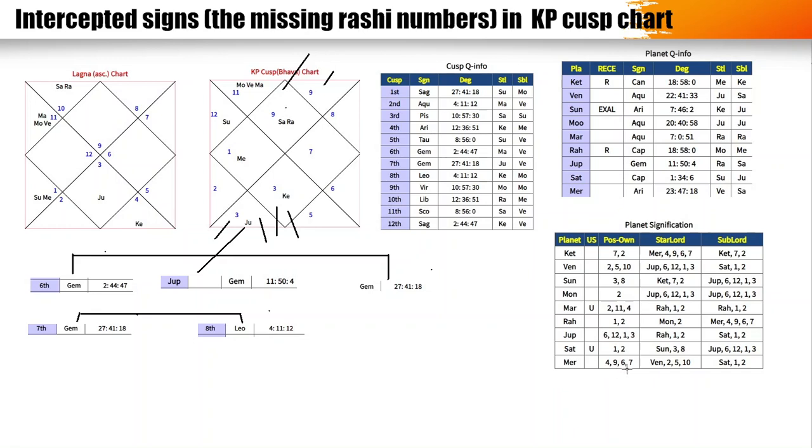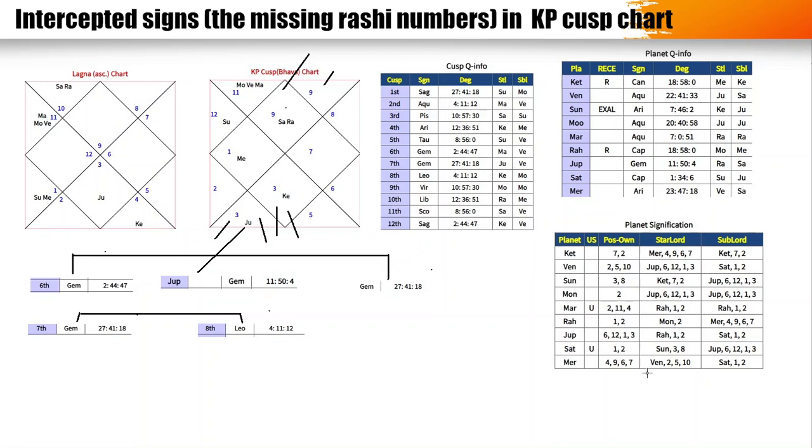There has to be additional qualifiers or some additional strength that Mercury will require to actually prove that it is giving the result of the sixth and the seventh house. So how does that strength come in Krishnamurti Paddhati? Two ways. One is that the star lord should also support the negative houses, and second is that Mercury has to be in its own star. Then it becomes a first-hand significator.